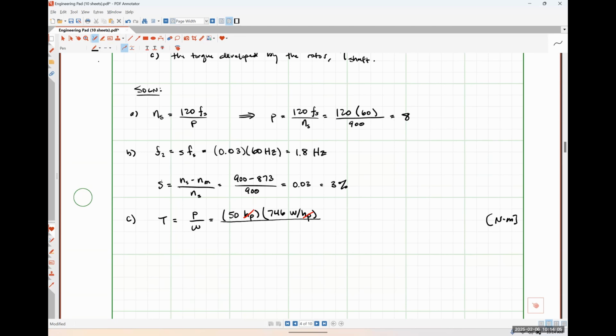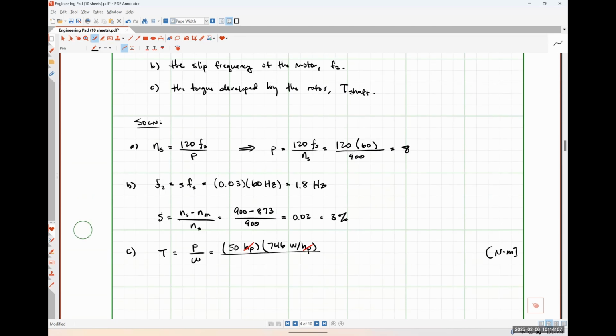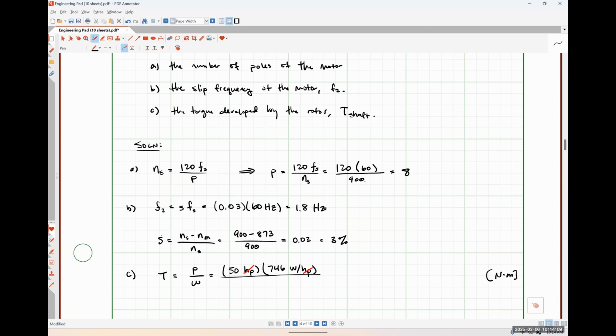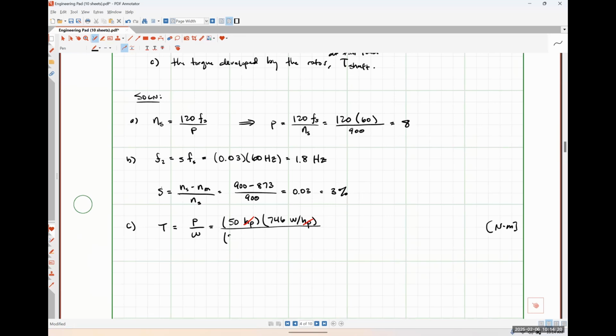What piece of information do we have about the rotor's speed under full load? 873. Sorry, let me specifically say here at full load. I forgot to mention that, but it should have been there. So we've got a speed of 873 revolutions per minute.